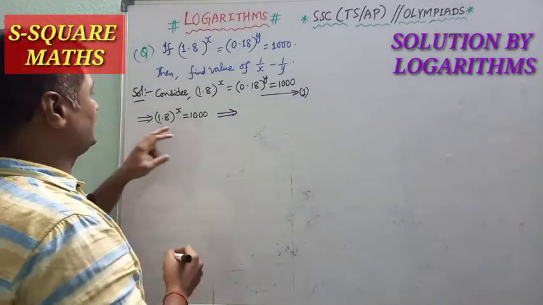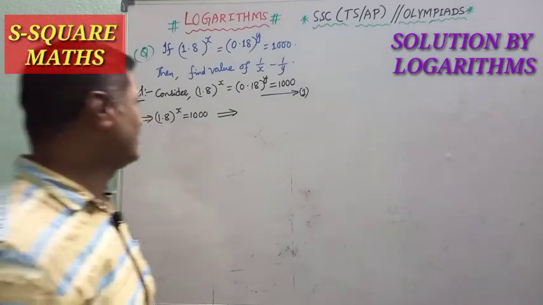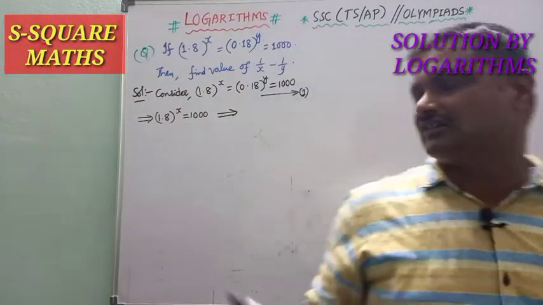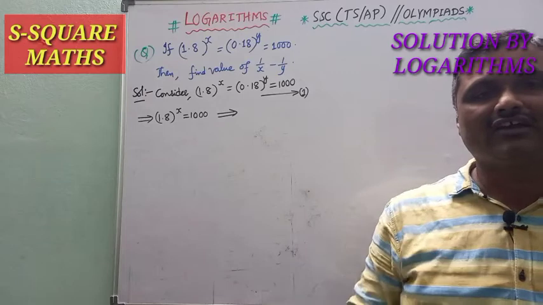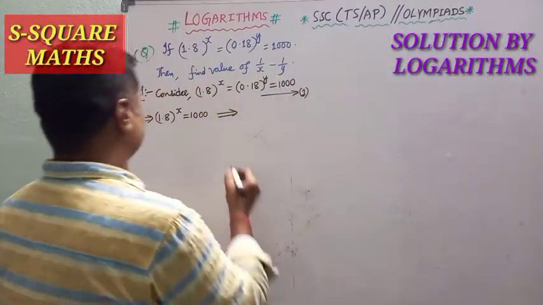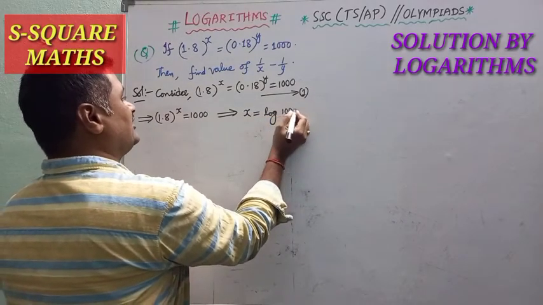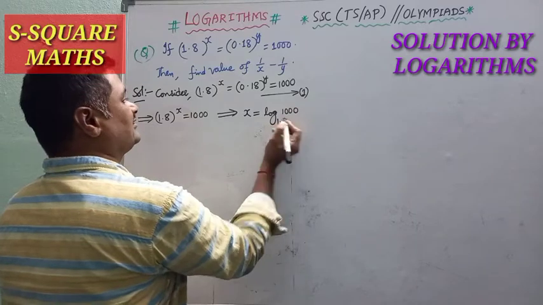So this is in exponential form. The corresponding logarithmic form is given by x is equal to log 1000 to the base 1.8, or you can apply logarithm on both sides. You can do it in any way. So x is equal to log 1000 to the base 1.8.